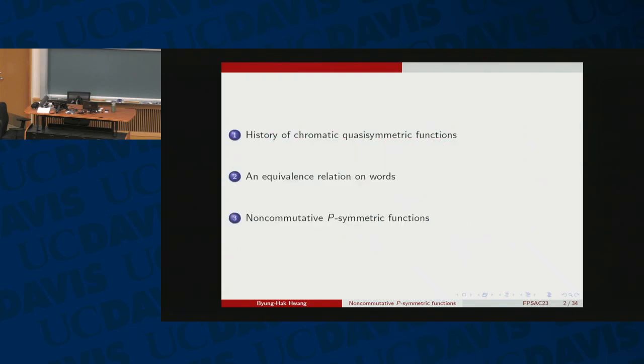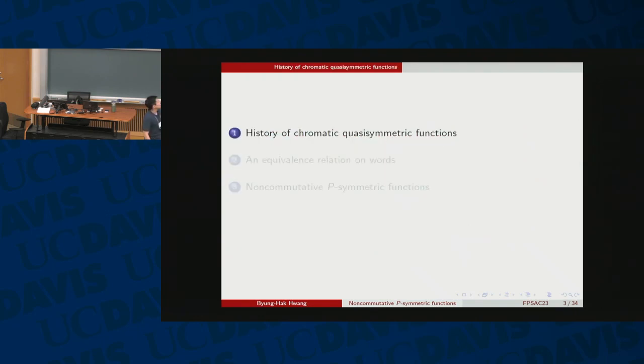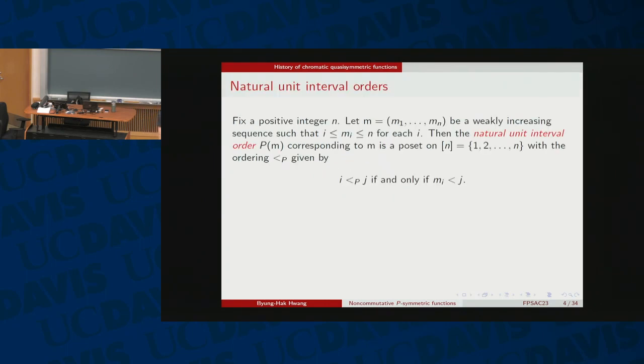Okay, let me start with the history of chromatic quasisymmetric functions. In this talk, I will fix some positive integer n and let m be a weakly increasing sequence such that the entry m_i lies between i and n.